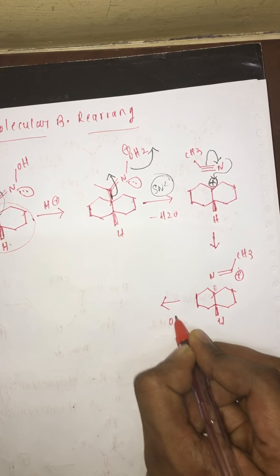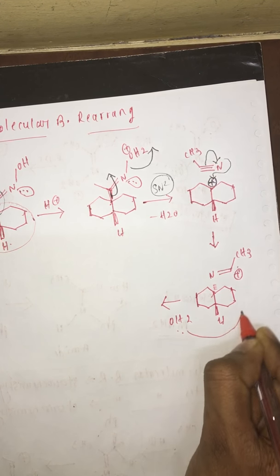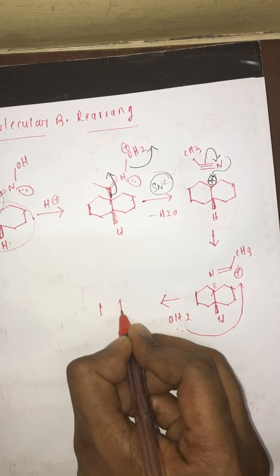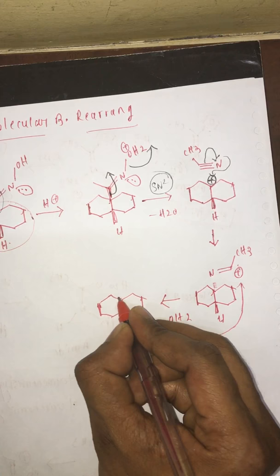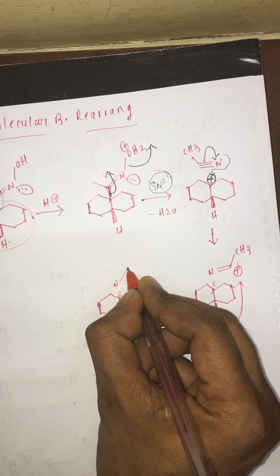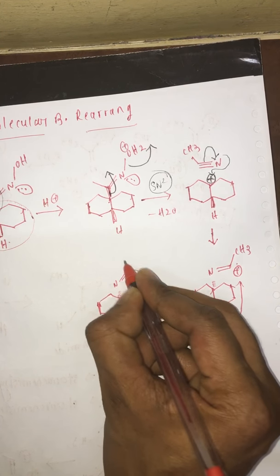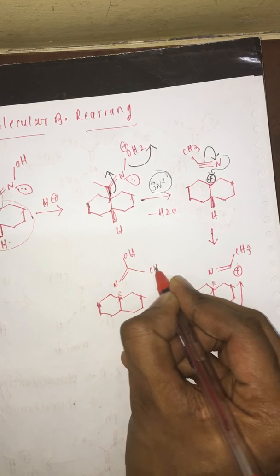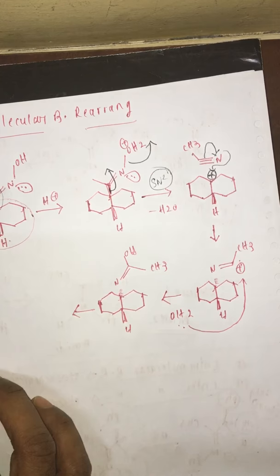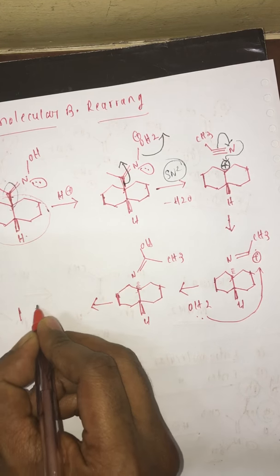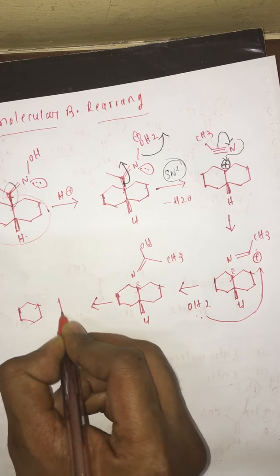Now we have a water molecule, that water molecule comes and attacks here, then it will become double bond OH CH3 and hydrogen, and further for tautomerization we will get a keto form.